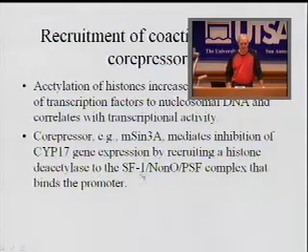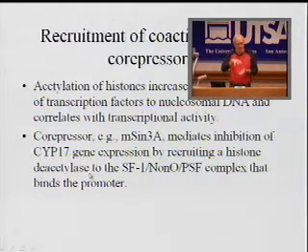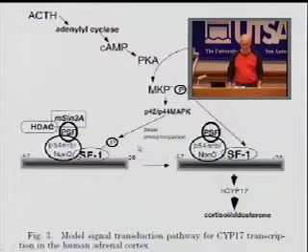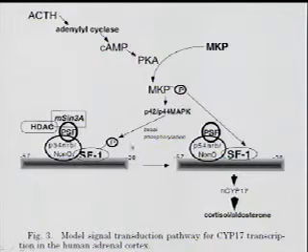So there's this SF1 NONO-PSF complex that binds the promoter and is associated with the deacetylation and tightening of the nucleosomal coil on this CYP17 gene in particular, and reduces the expression. So this is summarized in this illustration.